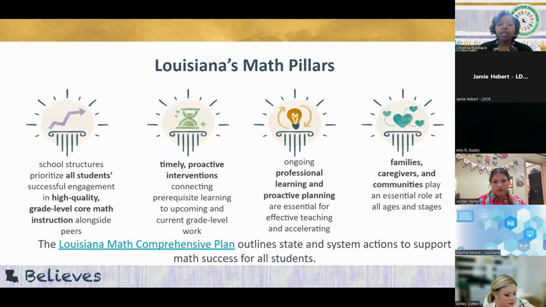Third is ongoing support for teacher collaboration and quality professional learning so that educators have the tools they need for success. Acknowledgement of the key role of family and communities in supporting mathematics development in our students is our last pillar. The new math comprehensive plan, which is in the chat, provides the state and system actions supporting work in all 4 pillars.